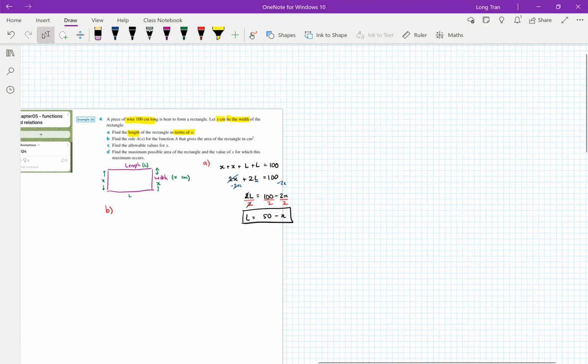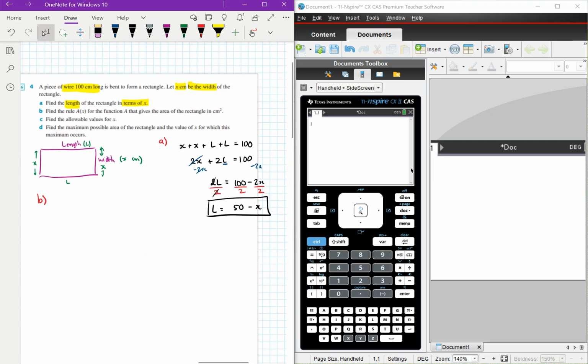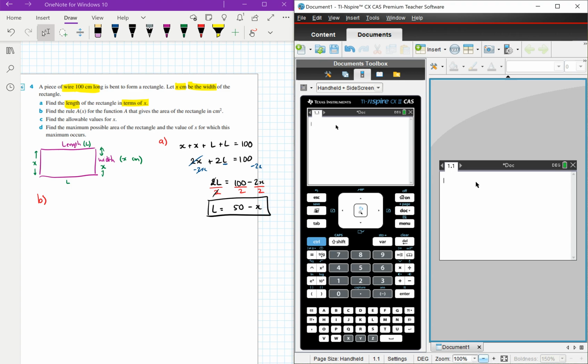We're going to say menu 1, 1. We're going to define the function f of x is equal to... actually, we haven't got the function yet. Sorry. Let's go to part B and then we'll get the function.